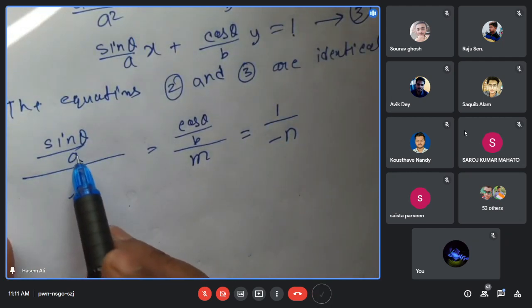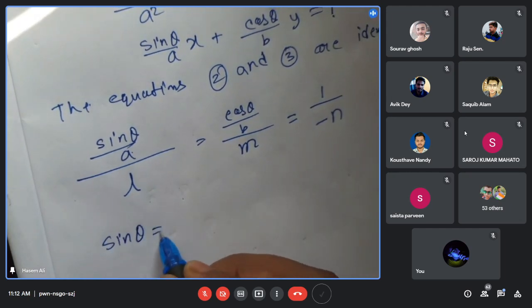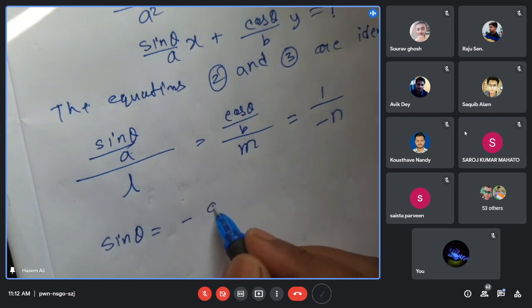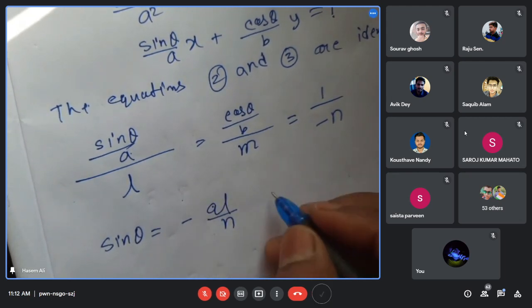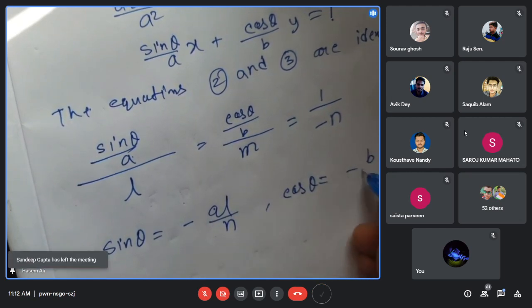Now just find sin theta and cos theta. So sin theta equals −aL/n, and cos theta equals −bm/n.